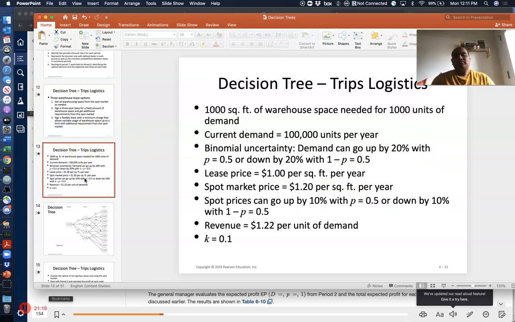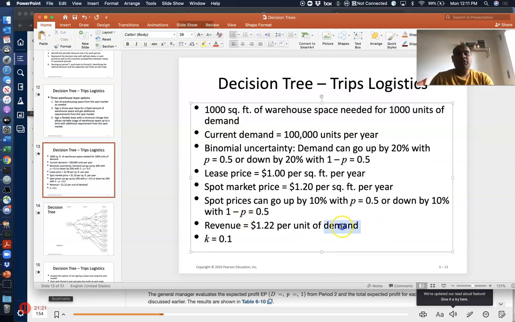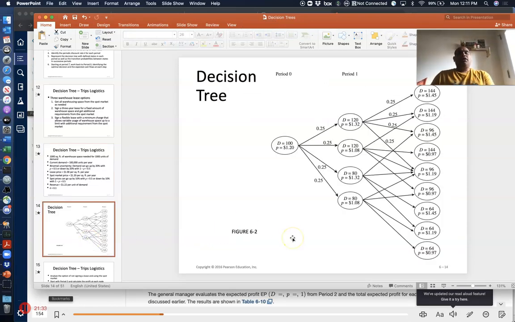Okay. The revenue is the same, $1.22, and we are discounting future monies at a rate of 10%. So, like I said, step one is to build the decision tree. Now, this decision tree might look big, but it's really not that difficult. So the way you build a decision tree is you draw an oval or a circle, and you call these nodes.